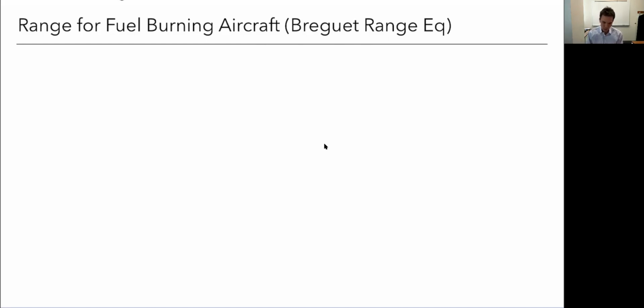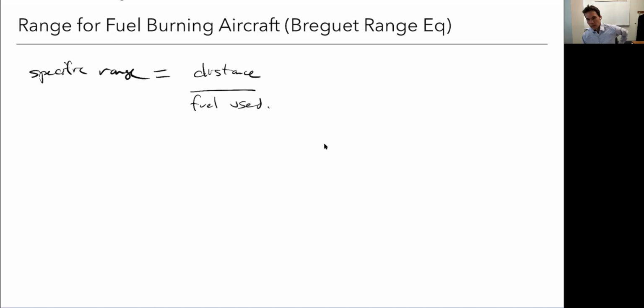So since we can't write the range as an explicit equation, the integral, what we can write is our specific range. That's the distance I fly divided by how much fuel I'm using.